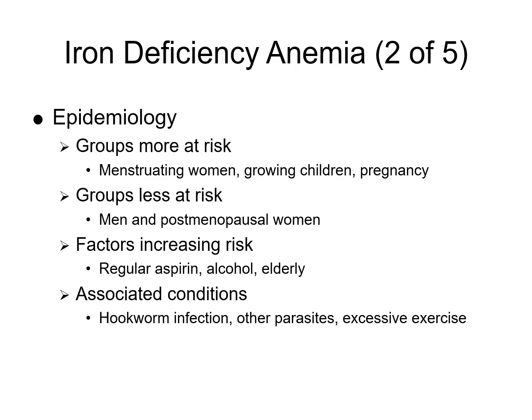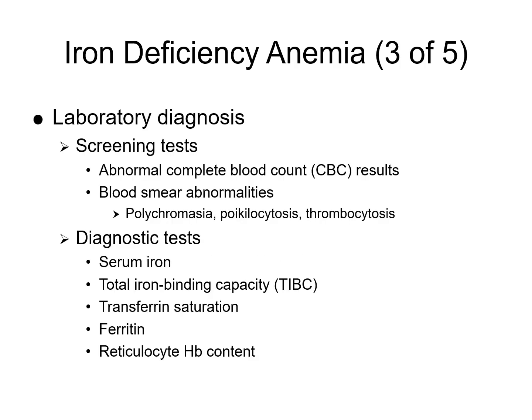Some associated conditions that could cause iron deficiency anemia are hookworm infection and other parasites. This can cause chronic blood loss through the intestinal mucosa. Excessive exercise is another cause, and this can lead to increased iron loss through hemolysis and sweating.